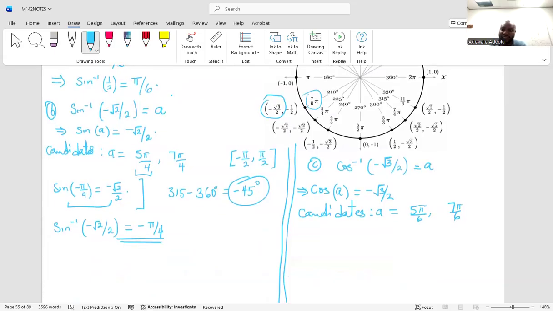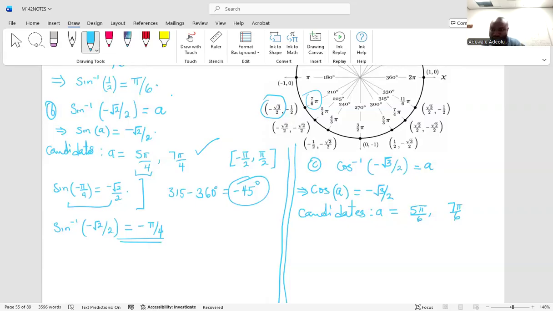Let's see which of these candidates will work. Or maybe we have to look for a coterminal angle as we did here. None of these two works, so we have to manipulate further. How do we know the one that will work? We go back to the restricted domain for cosine, because that is where we want to find the angle that will work for cosine inverse.